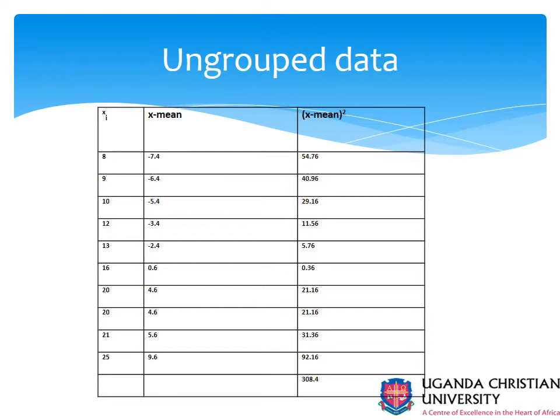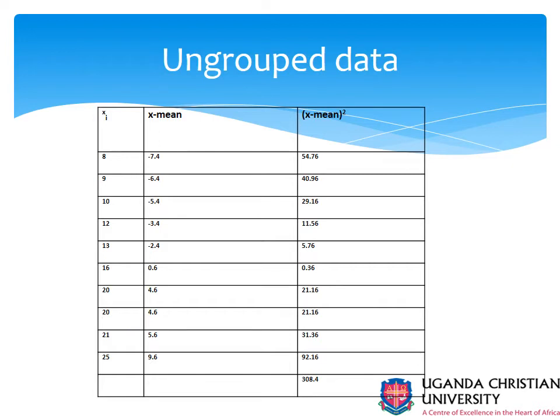We're still looking at ungrouped data. The table before you has 3 columns, whereby the first column shows the observations. So xi is the observations: 8, 9, 10, 12, 13, 16, 20, 21, and 25.